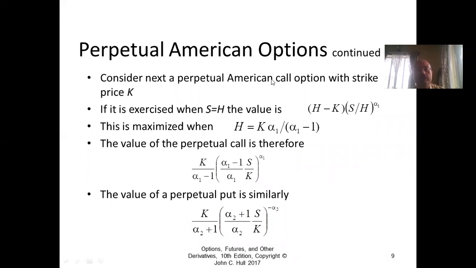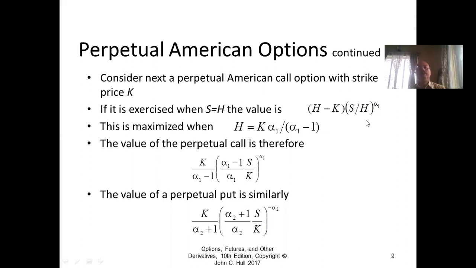So perpetual American options, for example, take a call option with a strike price K. This will be exercised when the stock price hits H. So the value will be H minus K, because when the stock price hits H, that's the stock price value, and K is the strike price, times this factor, which you can find out from the perpetual conditions.